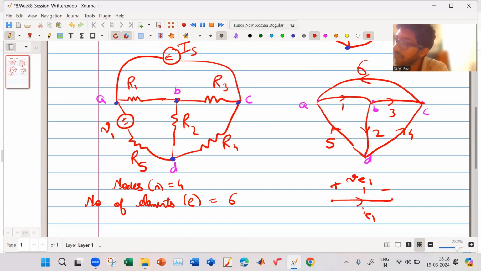Similarly, for each element, these voltages and currents are inherently meant when you draw these arrows. When I draw the arrow, I imply that over here there is plus, over here there is minus. So this is my VE5, the voltage across my fifth element, and this is my current IE5 flowing in this direction. Is there any doubt in this?